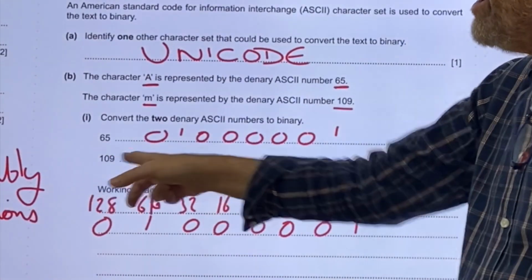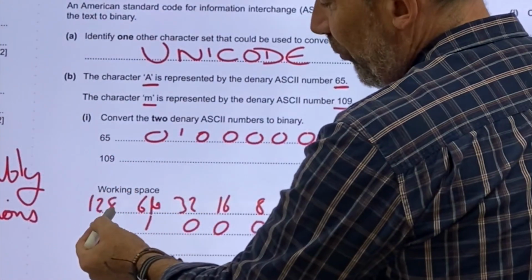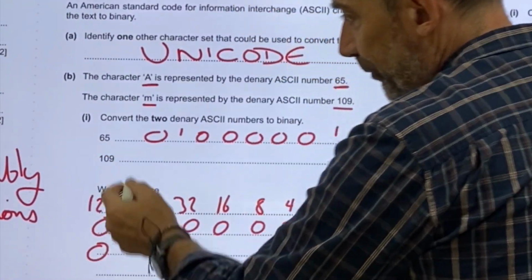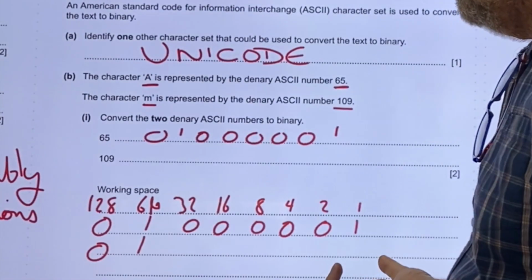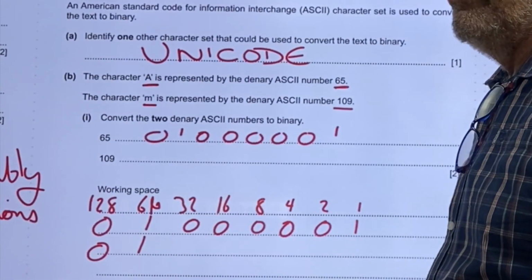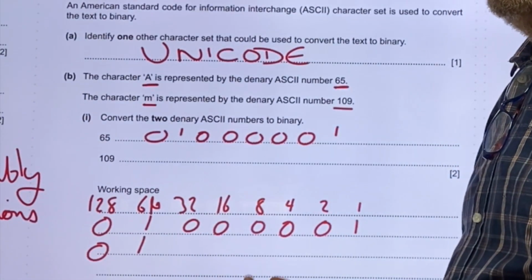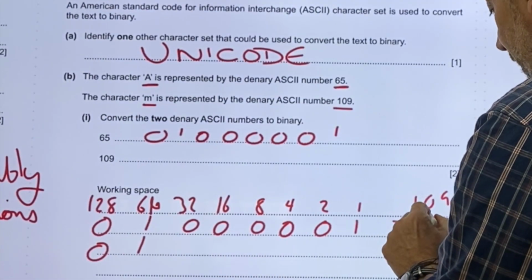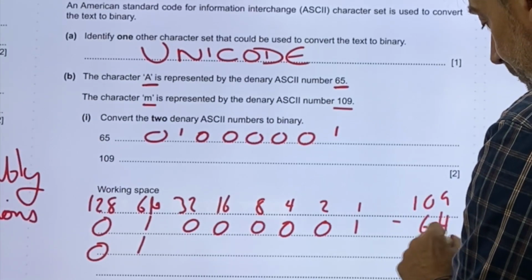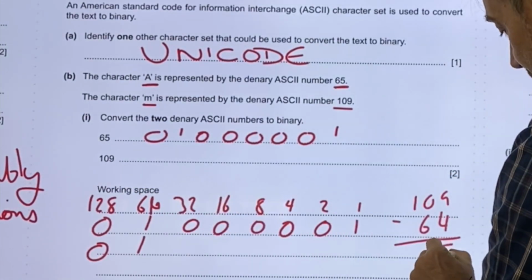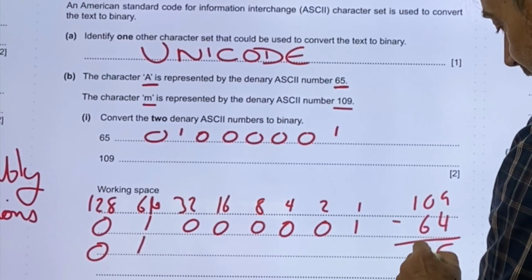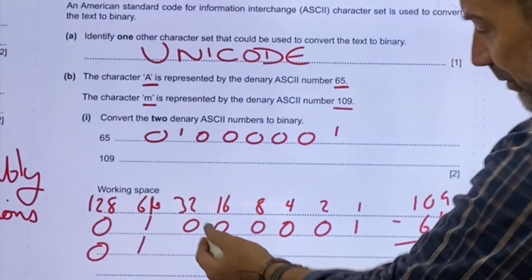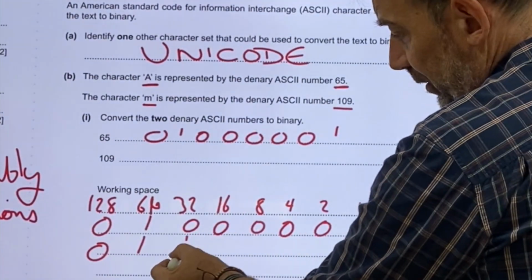Now 109, again 128 doesn't go into 109. 64 does, but how many have we got left? Let's do this: 109 minus 64 would be 45. Okay, 45 left over. So how many 32s go into 45? 1.